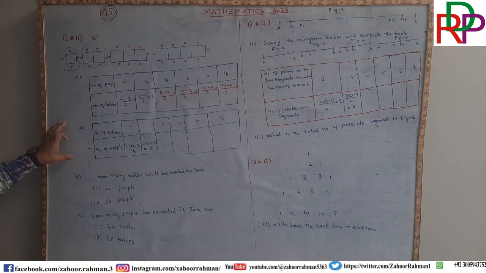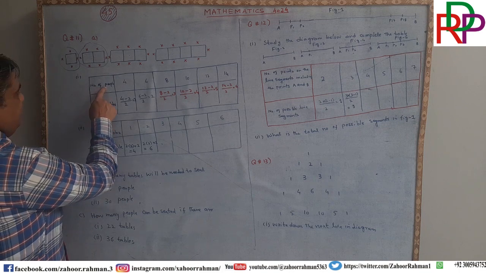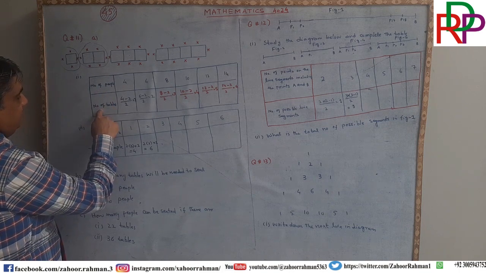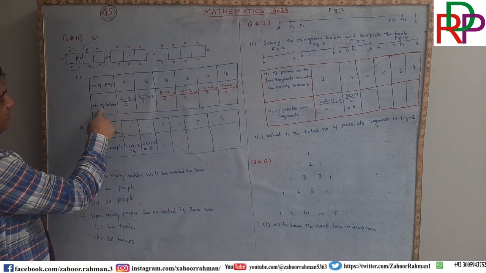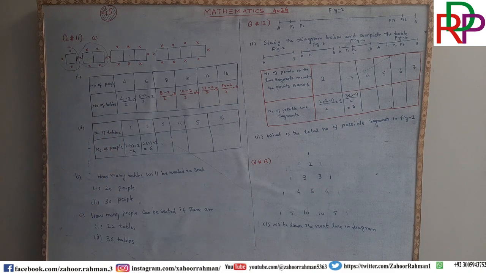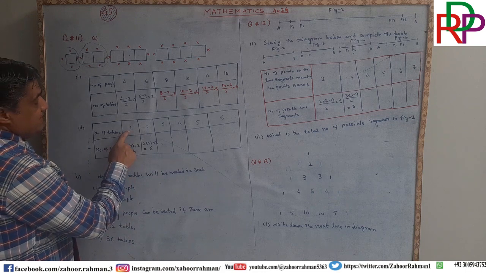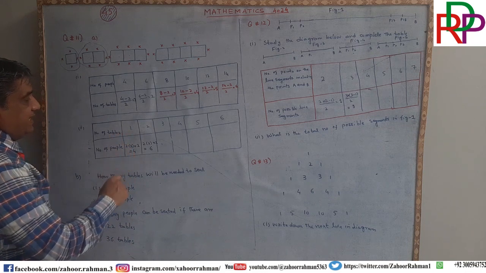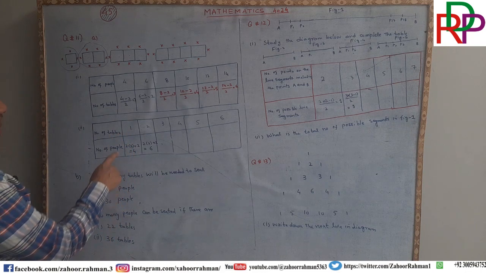Now in the second part, they have given us a totally different scenario. In this, they are giving the number of people and the number of tables, but this is upside down: the number of tables and the number of people. So if one table is there, how many people can be seated?